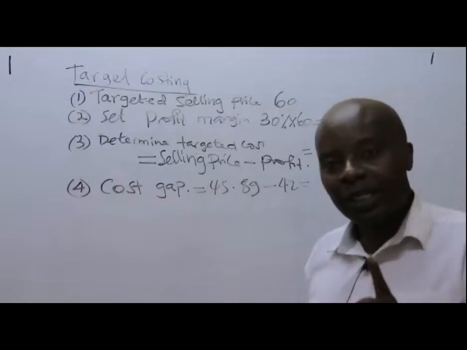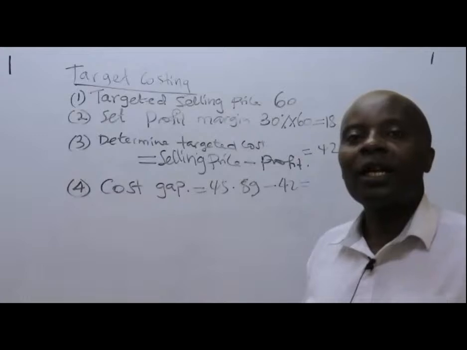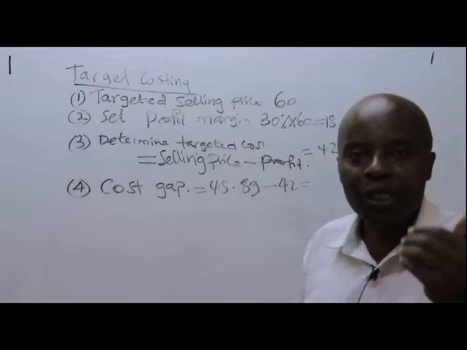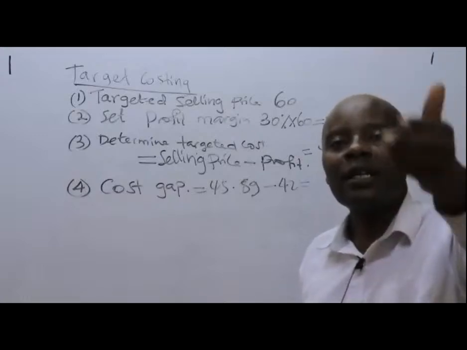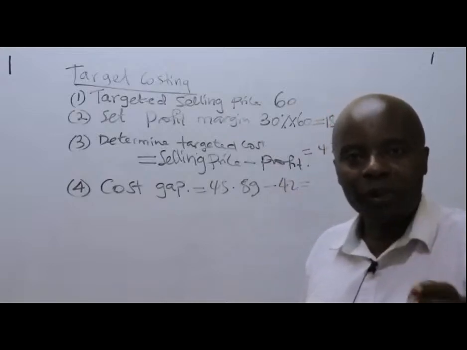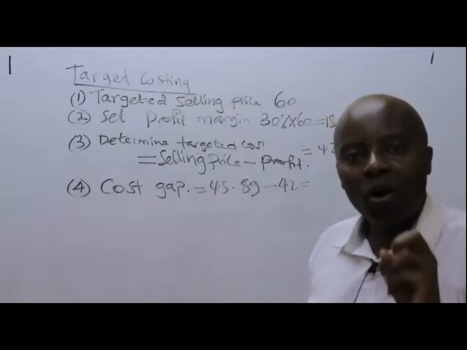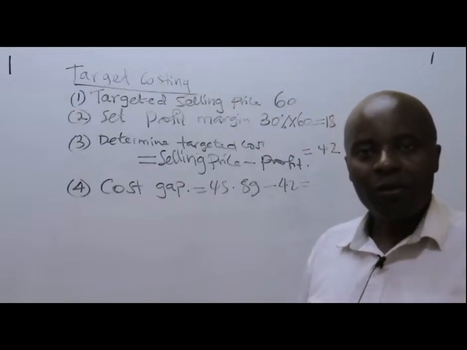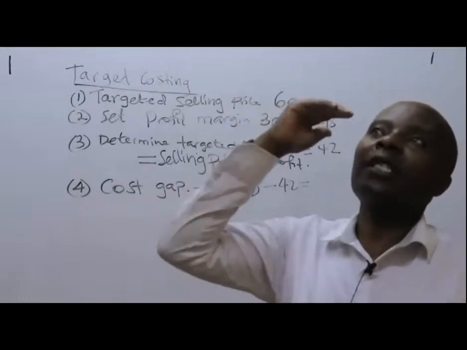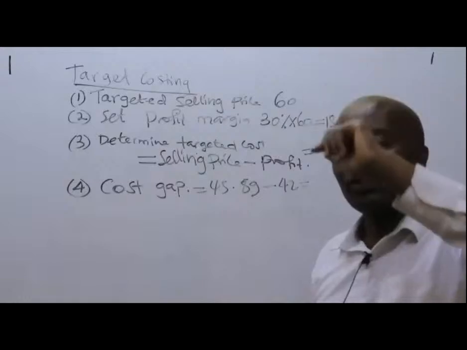Cost gap is not a nice thing. Whenever you have a cost gap, it means automatically that your cost of producing the product is higher than the targeted cost. And as such, there are two ways about this. It is either you reduce that gap or you don't produce at all, because target costing gives us the ceiling in terms of costs that we can never go beyond.